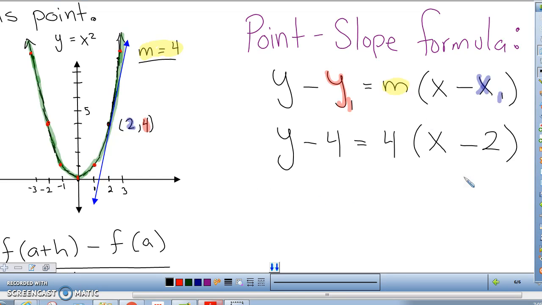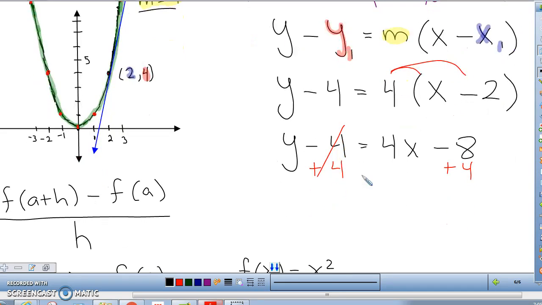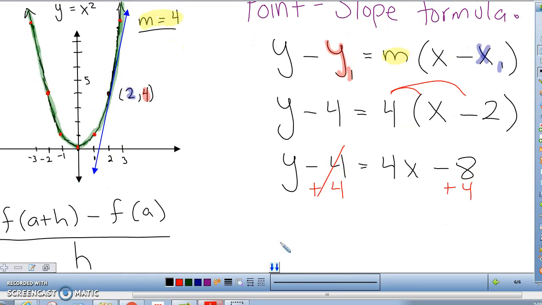But if we want to take it a step further and put it in slope-intercept form, y equals mx plus b, distribute this. I'm going to add 4. So y equals 4x minus 4.